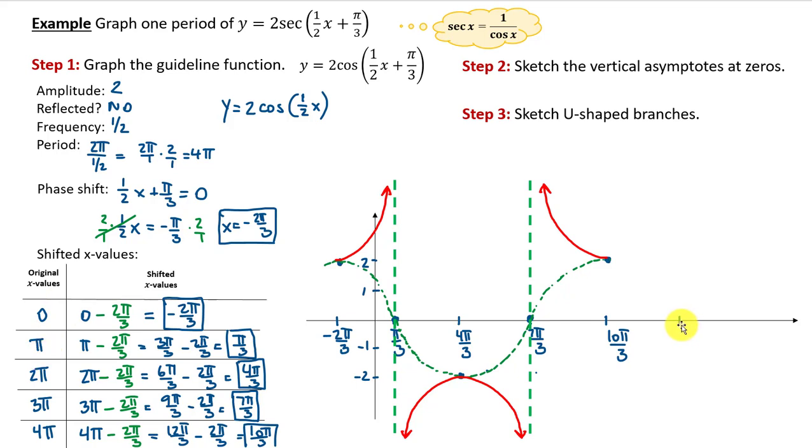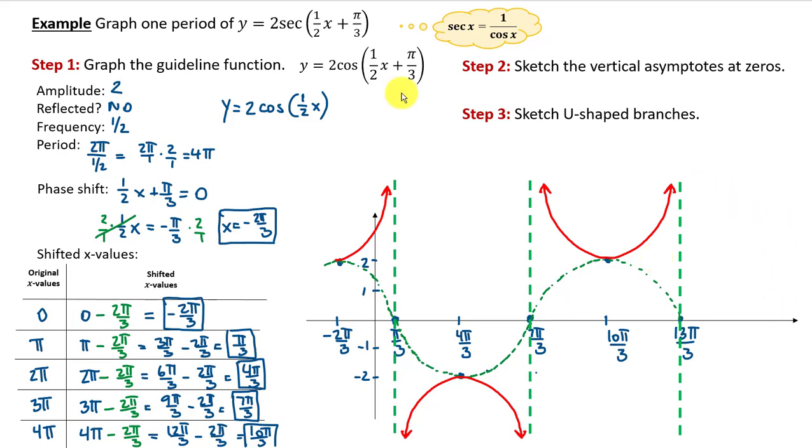So that means that the next x value that I need will be 13 pi over 3. And that's where I will place the 0 of the guideline function. Now I can extend it and place another asymptote. This way I'm able to obtain another full branch of the secant function.